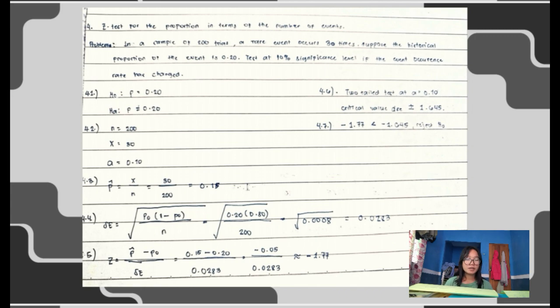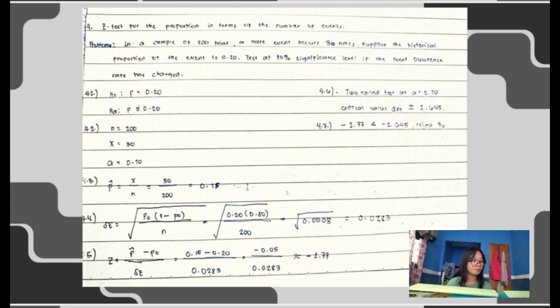Consulting the standard normal distribution, the 95th percentile of the standard normal distribution is approximately 1.645.